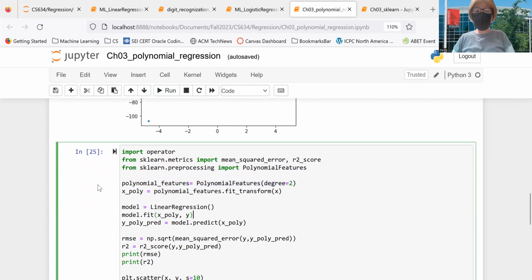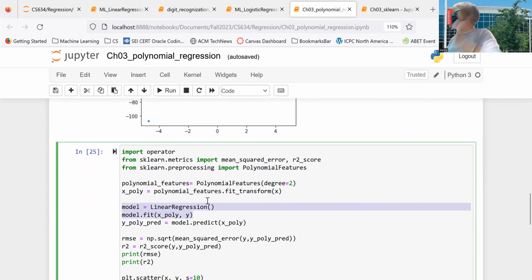Then you transform your features, and after you transform the features, you can fit the model for polynomial regression.